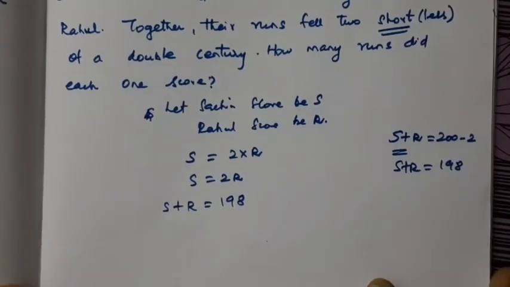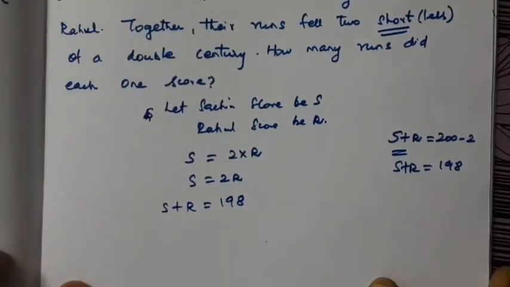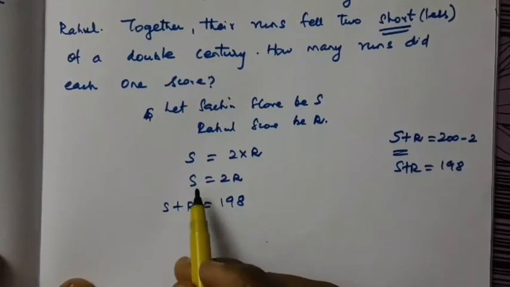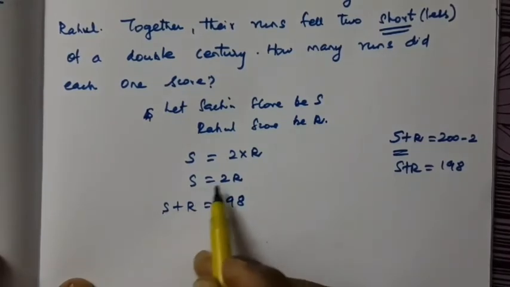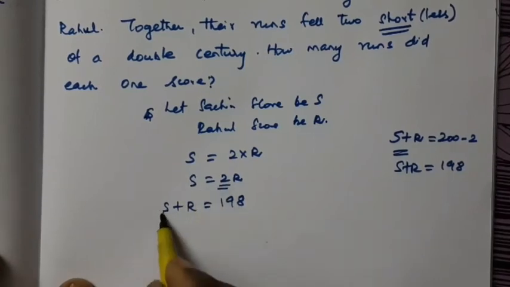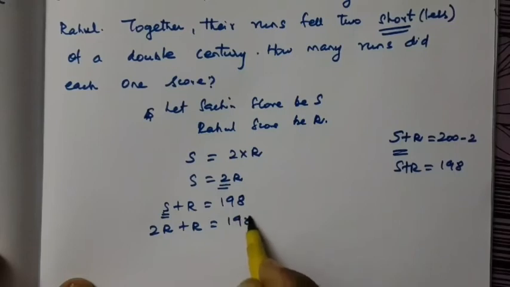Now I have to find how many runs Sachin and Rahul scored. S plus R is 198. Now instead of S, I can substitute 2R, because S is equal to 2R. So substituting, 2R plus R equal to 198. 2R plus R is 3R equal to 198.